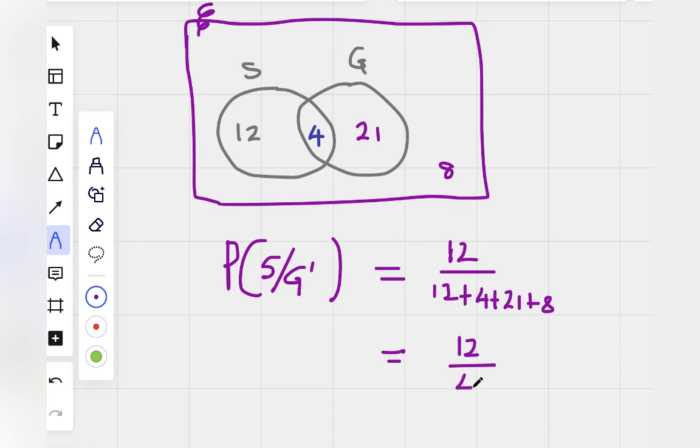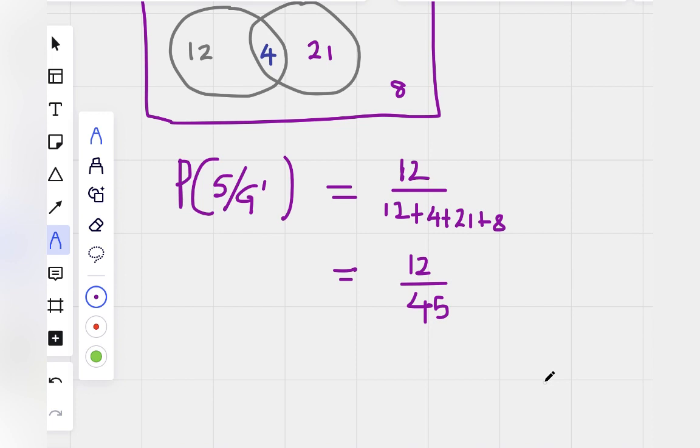We can still reduce this, because this is not the simplest fraction. 3 can go into 12, we get 4. 3 goes into 45: 3 goes into 4 once, remainder 1.